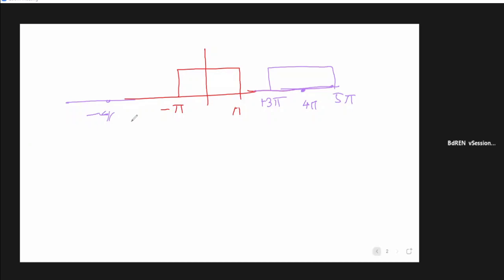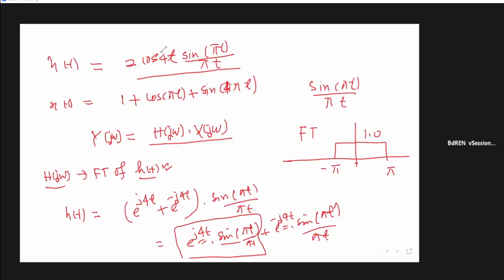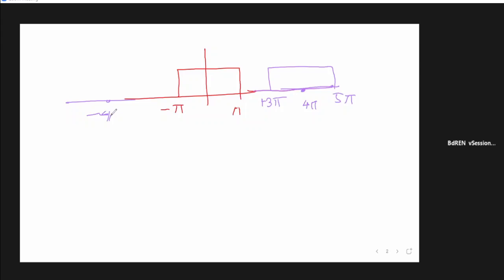You please correct it. This is 4 pi t, okay? This is 4 pi. So it will be 4 pi, then your signal will be from minus 3 pi to minus 5 pi.